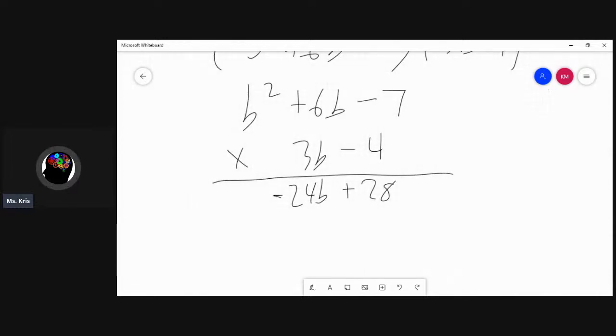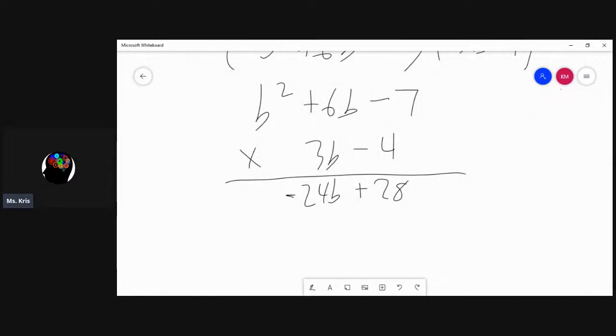And then negative 4 times b squared, that gives me a negative 4b squared.